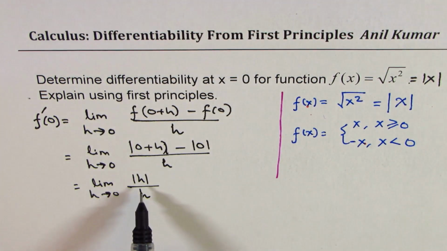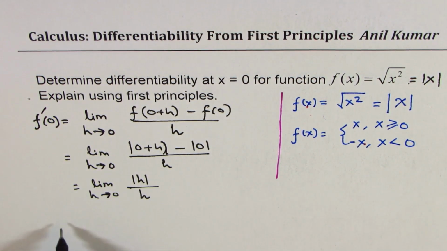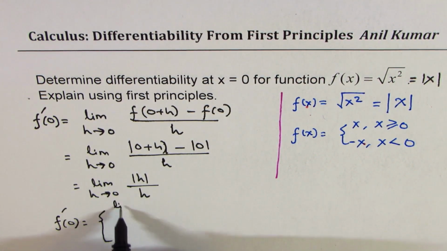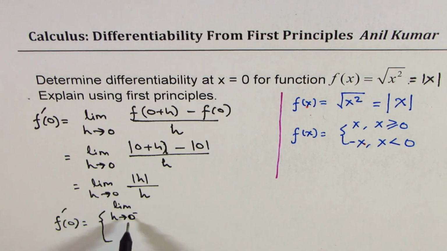Now absolute value of h, if you approach from the left side, is negative, and if you approach from the right side, it is positive, right? So we could write the limit of this function as the limit when h approaches 0 from the left side, and also the limit when h approaches 0 from the right side.